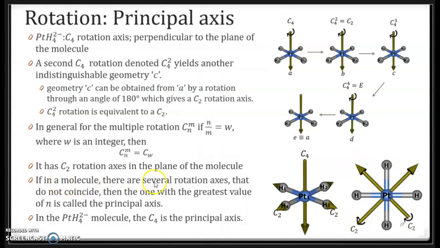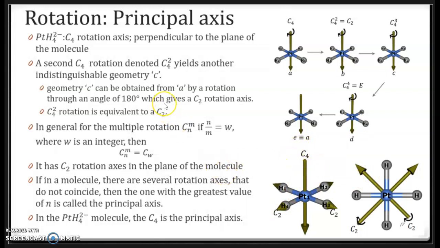So in a molecule where there are several rotation axes that do not coincide, so we have 1, 2, 3, 4, 5 axes that are non-coinciding, then the one with the greatest value of n is called the principal axis. So 4 is greater than 2, so the C4 is called the principal axis.